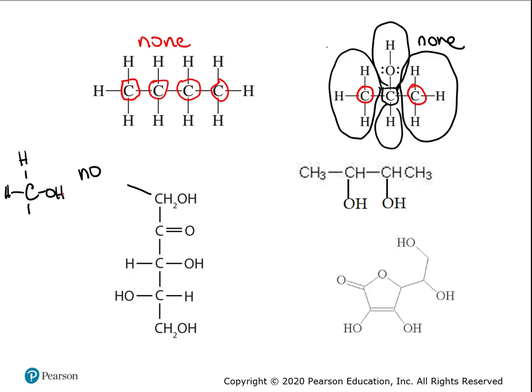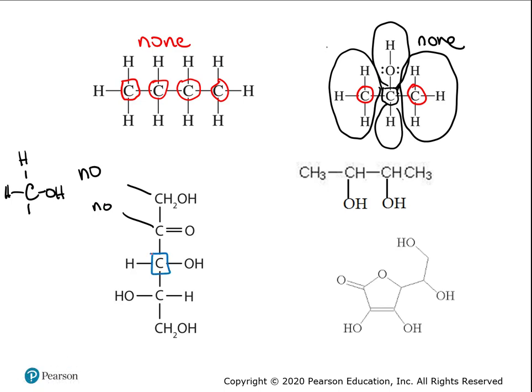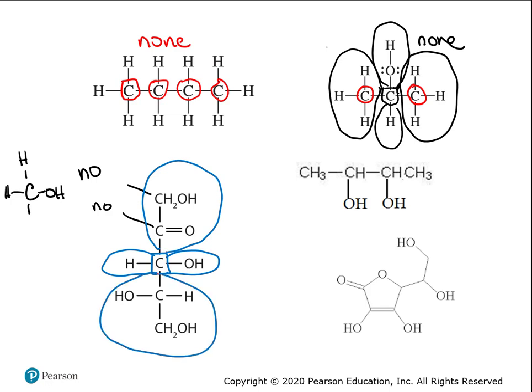What about the next one? Double bond. Nope. Right? It has to have all 4 single bonds. So anything with the double bond, that gets tossed out. So now look at the third one. So here's this one. To the left, I've got an H. To the right, I've got an OH. Those are different. Above is this, and below is this. Are those the same?